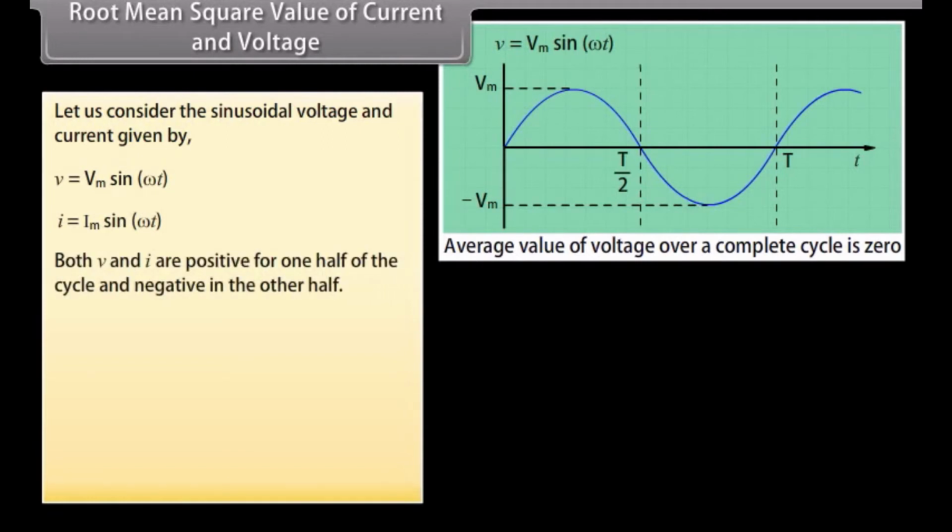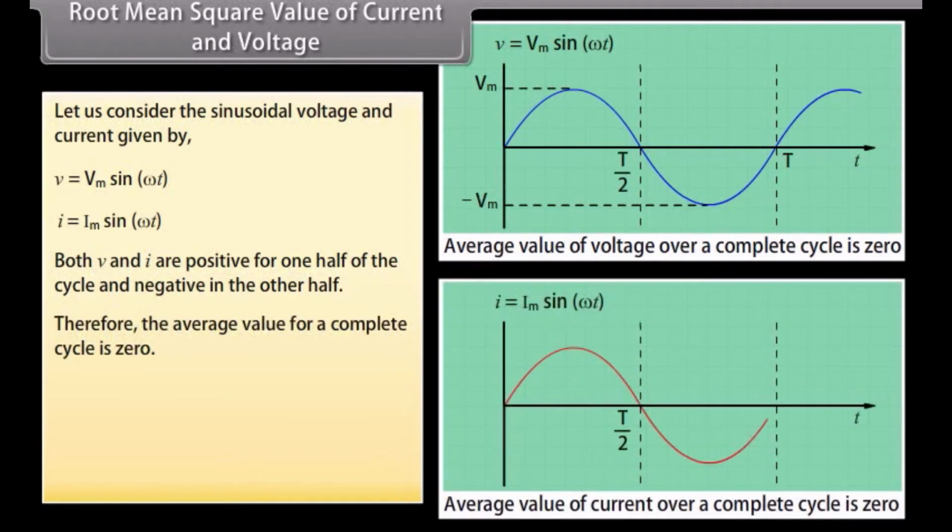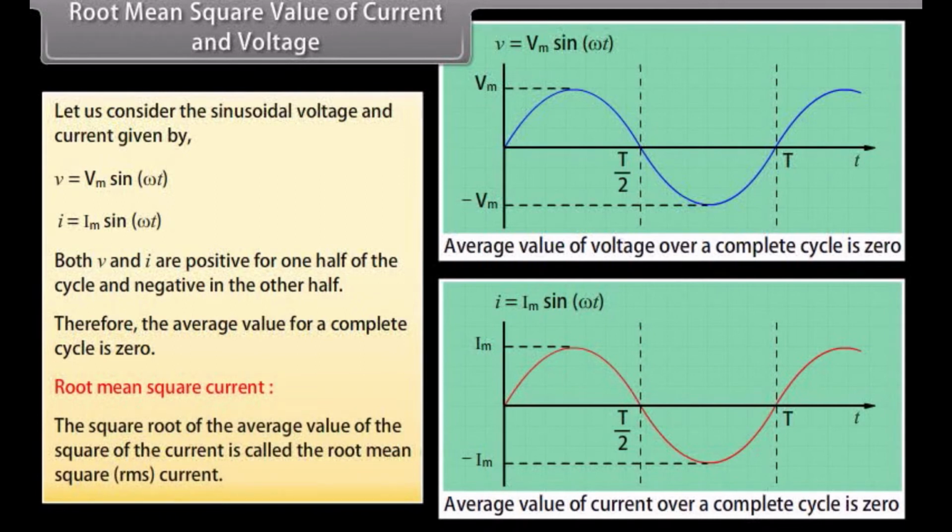Both V and I are positive for one half of the cycle and negative in the other half. Therefore, the average value over a complete cycle is 0. Root mean square current: the square root of the average value of the square of the current is called the root mean square, or RMS, current.